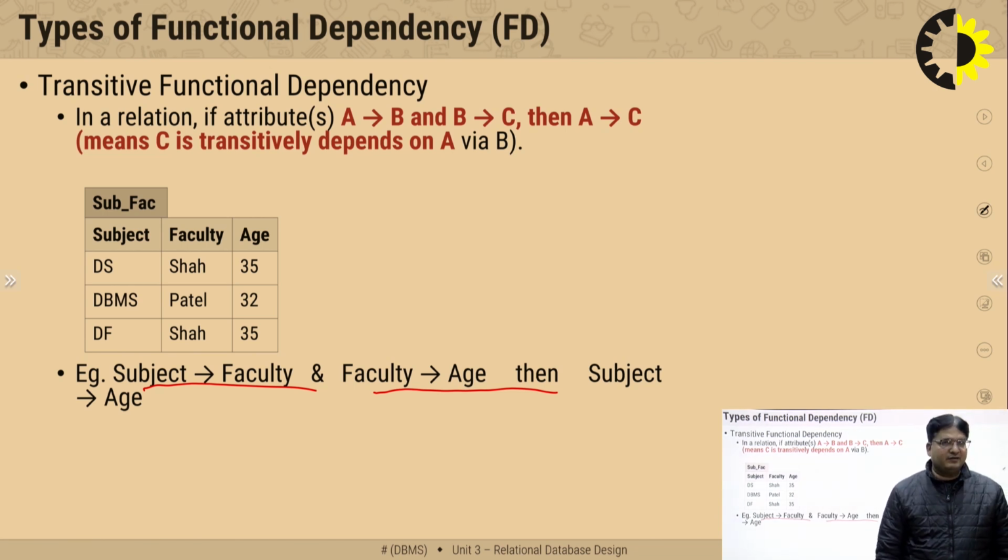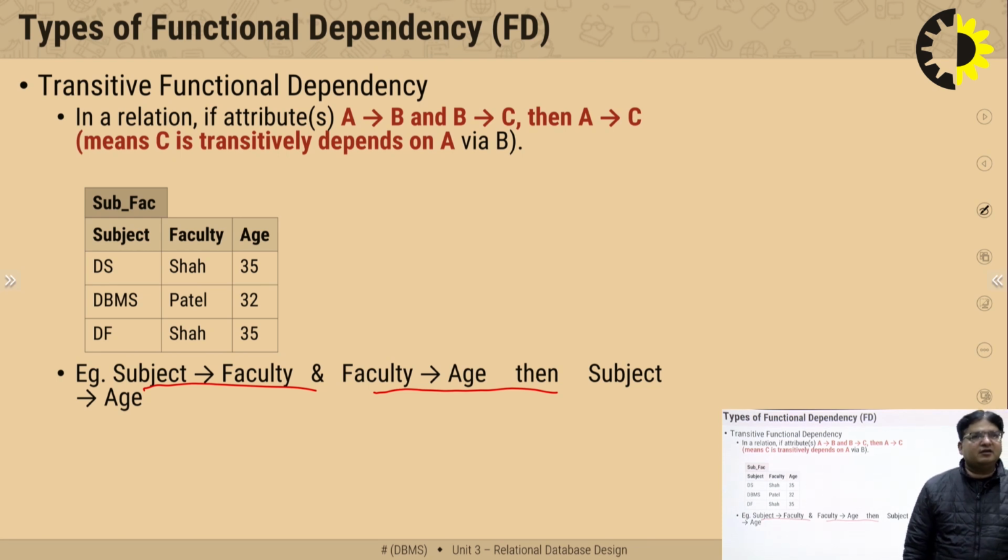Now, while studying these functional dependencies, in second normal form we need to remove the partial functional dependencies. And how can we remove the partial functional dependency? First we need to know what is partial functional dependency, only then we will be able to remove it. Then in third normal form we need to remove the transitive functional dependency. So how can we remove the transitive functional dependency?